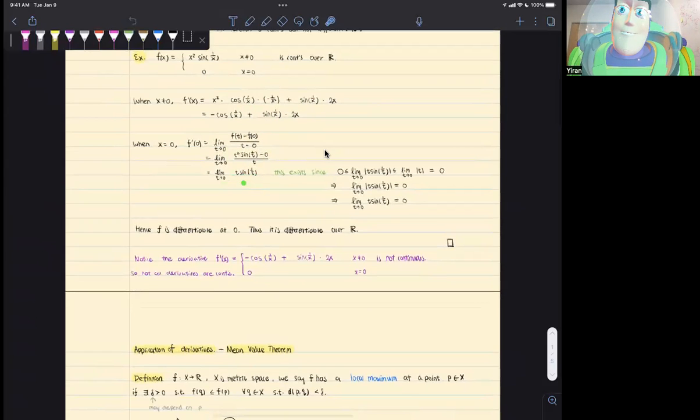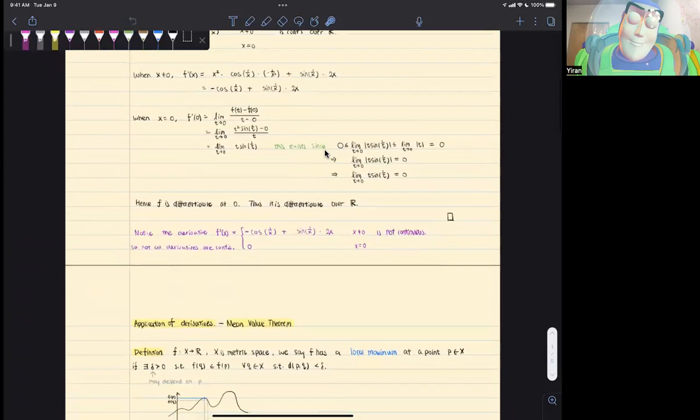By definition, if this limit exists, that means f'(0) exists, which means f is differentiable at 0. So all we need to do to show that f is differentiable everywhere, on the real line, in particular at 0, is to show this limit exists.